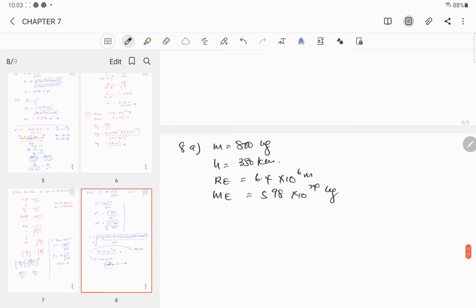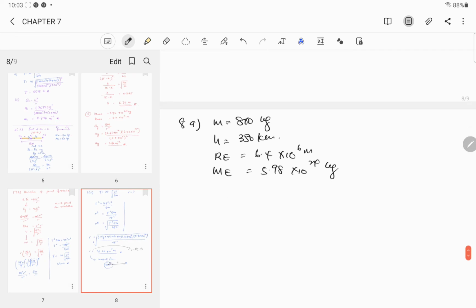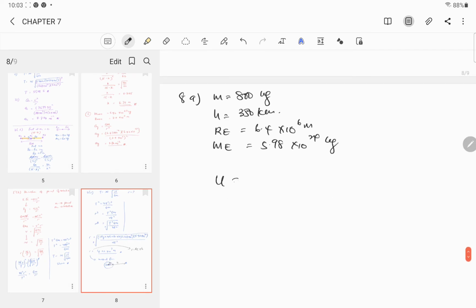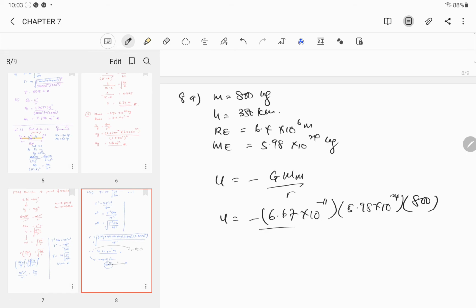So you have to find the gravitational potential energy, where U is equal to negative GMm over R. So U is negative G, 6.67 times 10 power of negative 11, mass of Earth 5.98 times 10 power of 24, the mass of the object, and the radius. Remember, the radius is from the center of Earth.